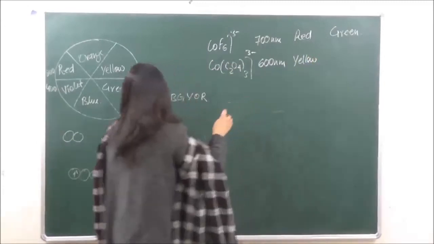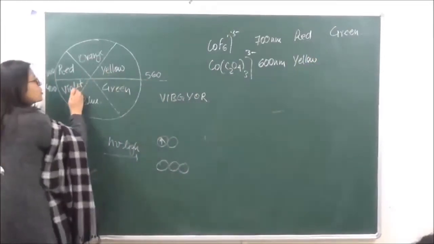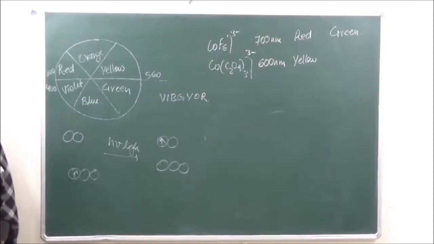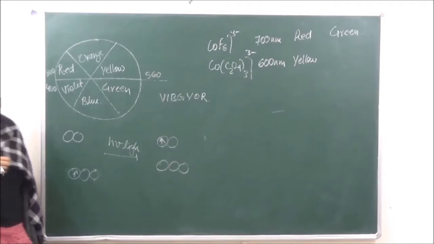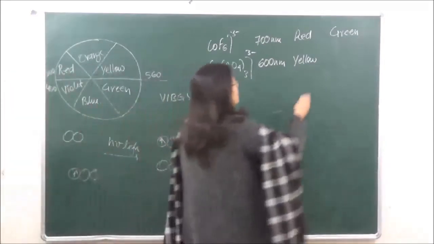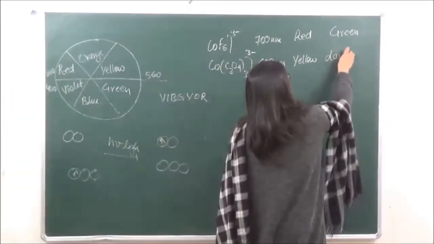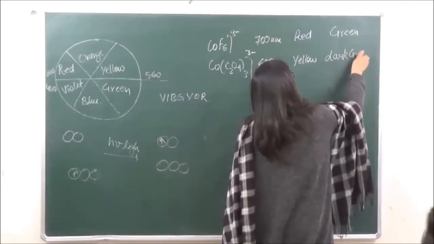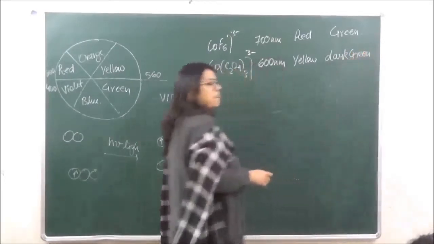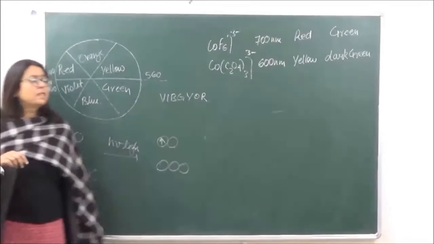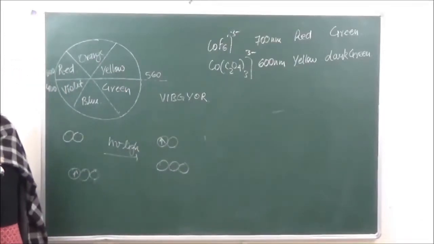Now if it is absorbing yellow, it should appear to us as violet. But it is not exactly violet. It appears to us as a darker green and blue color, which is equivalent to violet only. So you can write violet over here, but otherwise in the books it is given as dark green.